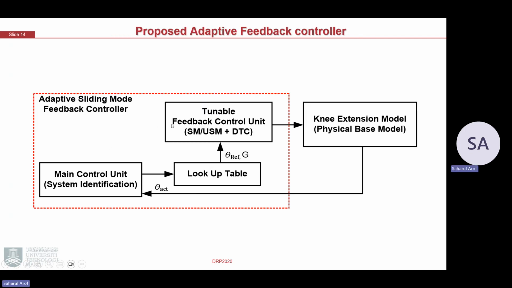So this is the simpler block diagram. This is the proposed feedback controller. It has a dynamic mechanism. You have a lookup table, in which there is a main control unit for system identification, and also for the controller to find the controller settings and pass them to the tunable feedback controller to control the system.